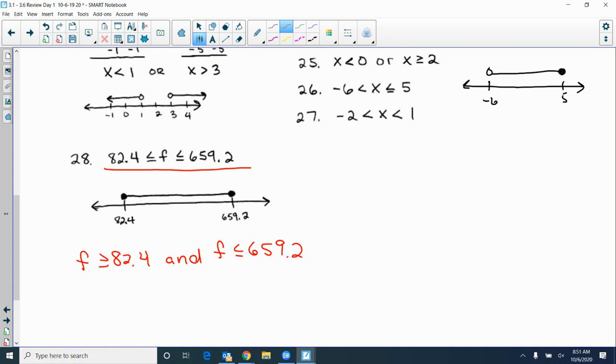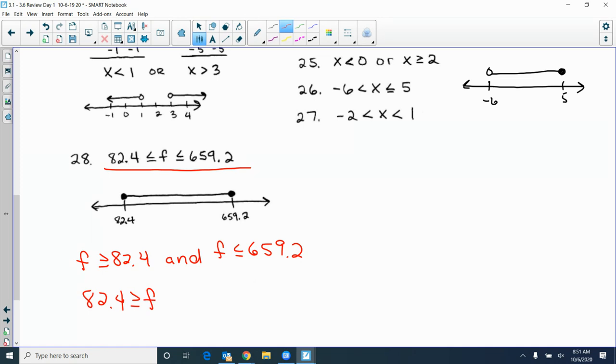All right, Christian. For the bottom one, you said F is greater than or equal to 82.4? Yeah, I put 82.4 is greater than or equal to F, and then it's reversed. You did that, right? All right, well, what's that telling you?